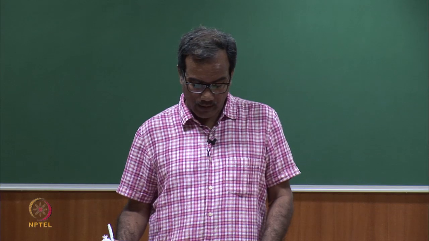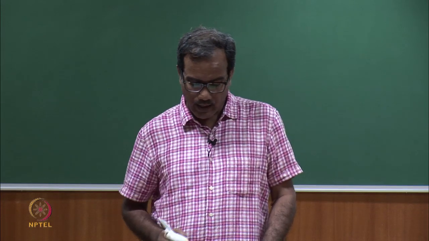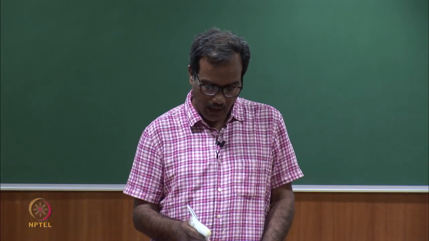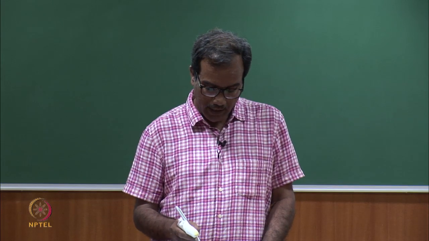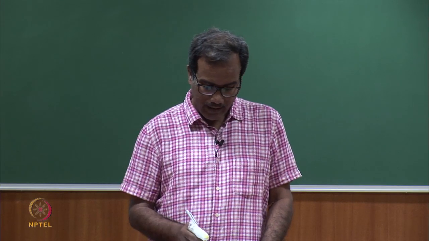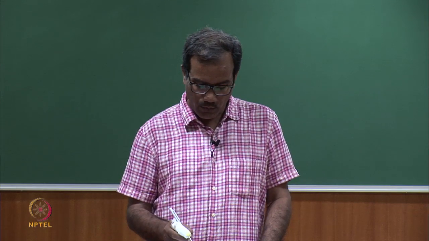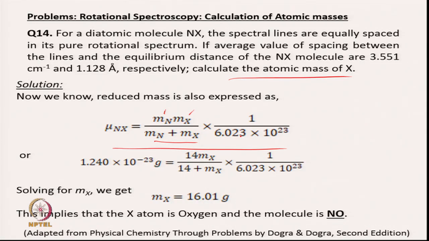So, again first we will calculate the reduced mass, and reduced mass is mass of N multiplied by mass of X divided by mass of N plus mass of X, into 1 divided by 6.023 into 10 to the power 23. We are doing this because we are taking M N as molar mass.